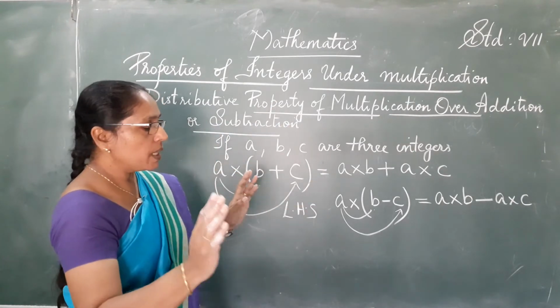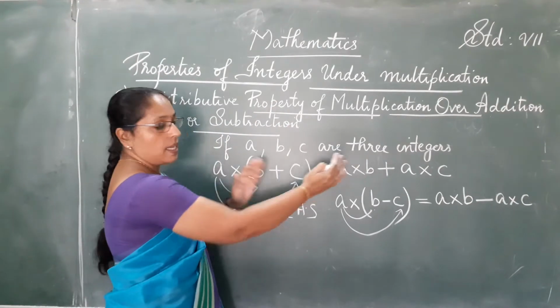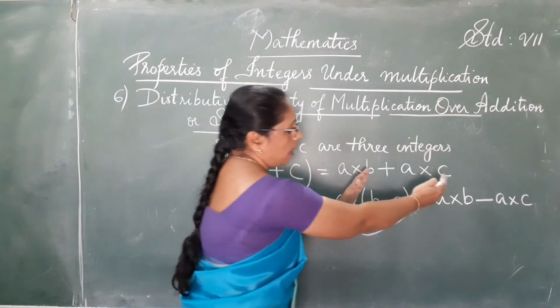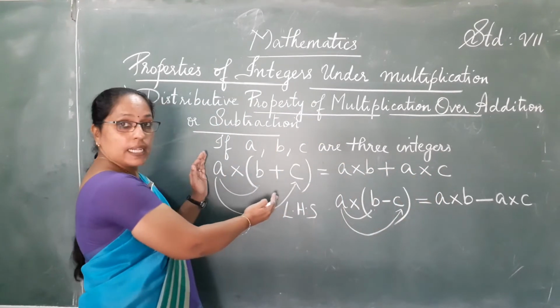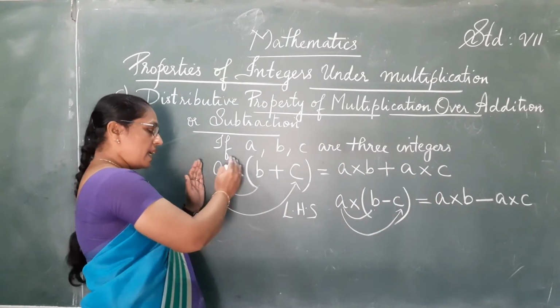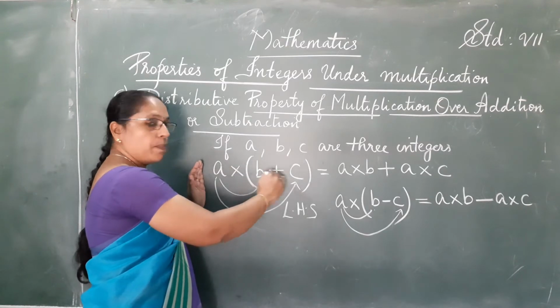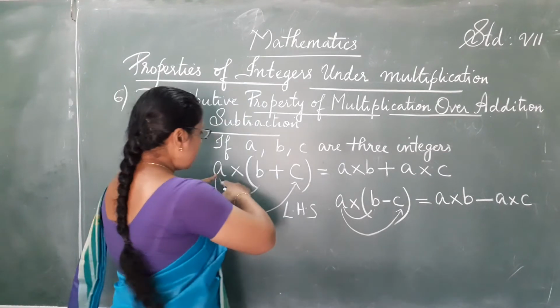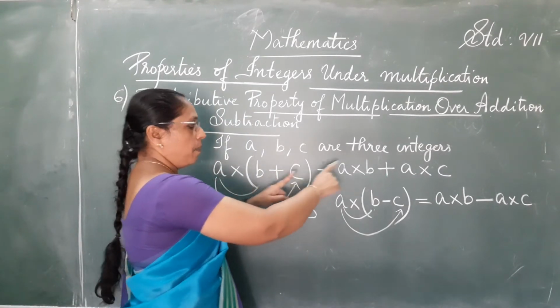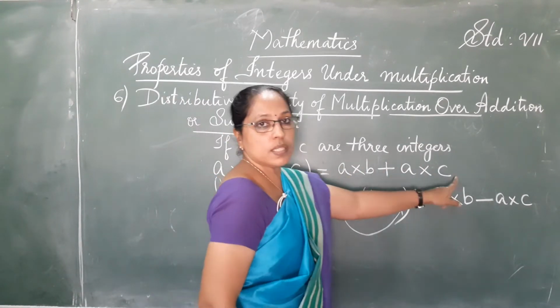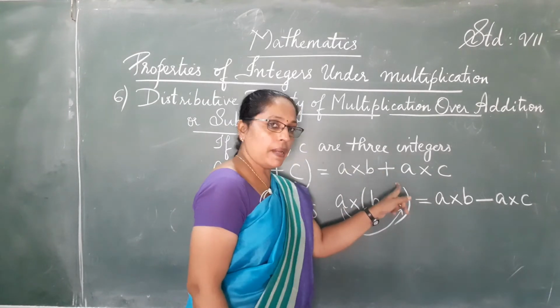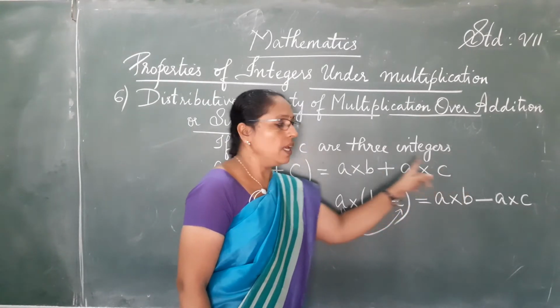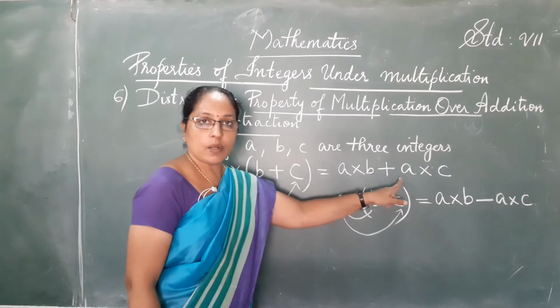And the distributive property has 2 sides, left hand side and right hand side. The left hand side is in the form where the member A is outside and bracket B plus C. Whereas in the right hand side there is no bracket; A is taken to B plus A is taken to C. So A into B plus A into C. Instead of plus, minus can also come.